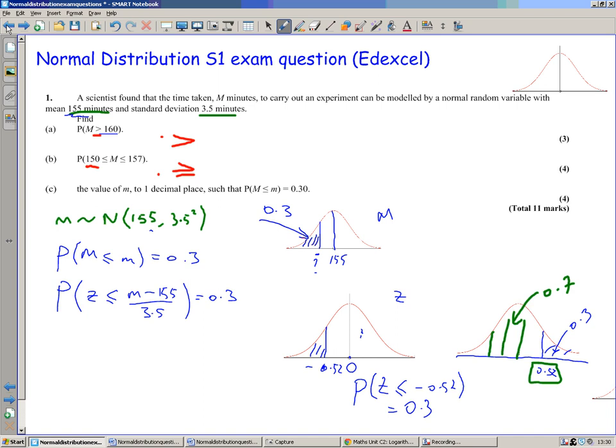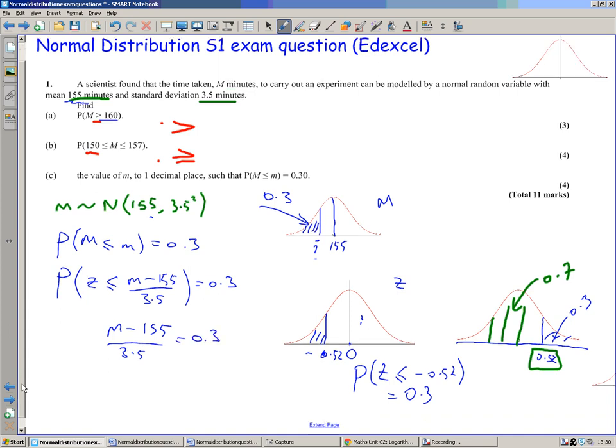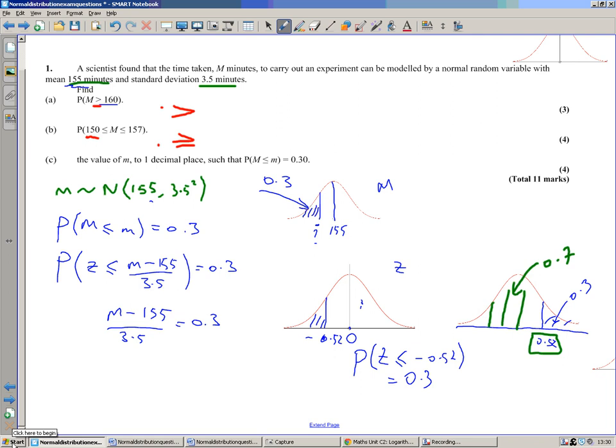So after all that fiddling around, m minus 155 over 3.5 equals 0.3. And we can solve that quite easily. We have m minus 155 is equal to 0.3 times 3.5. Add that on to 155. And what do you get?